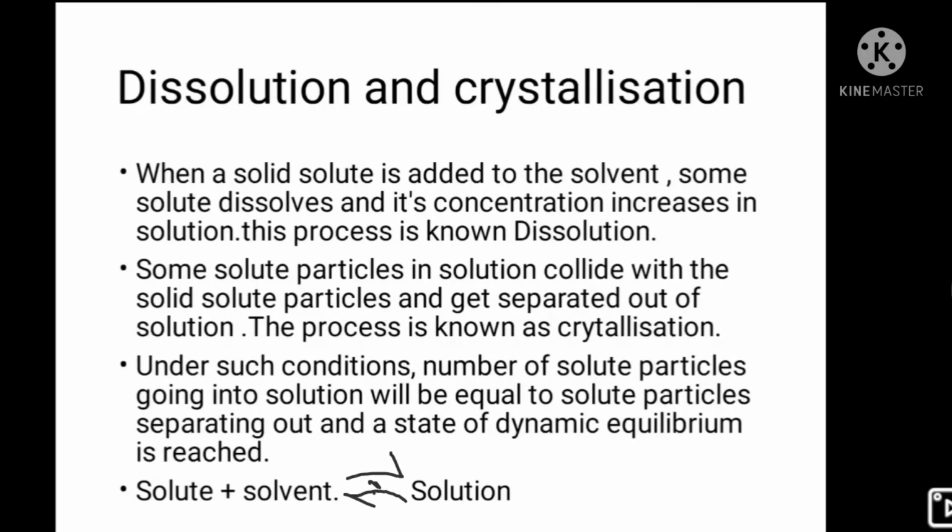A stage is reached when the two processes occur at the same rate. Under such condition, the number of solute particles going into the solution will be equal to the solute particles separating out, and a state of dynamic equilibrium is reached.